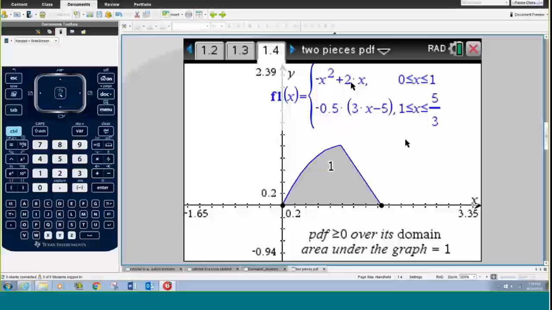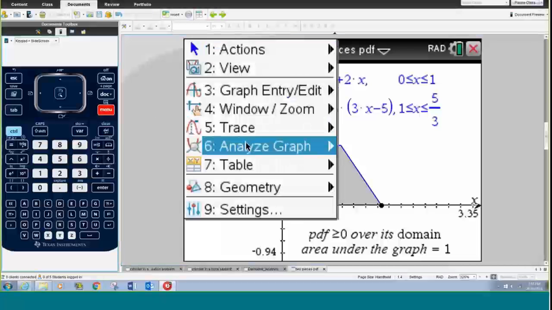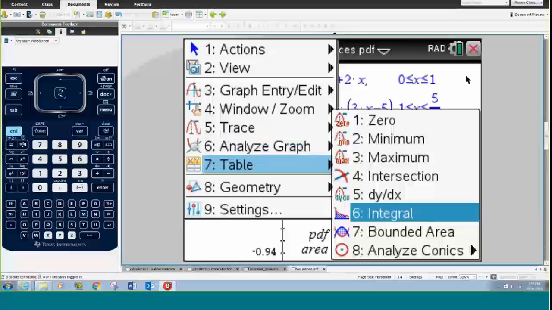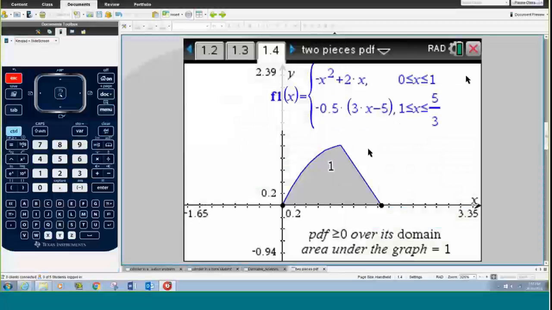And then we sketch this graph with the given value of A and calculate the area. The big advantage here is that if it is a piecewise function, you can simply find the bounded area, or just the integral under the curve. It will give you the value of 1.